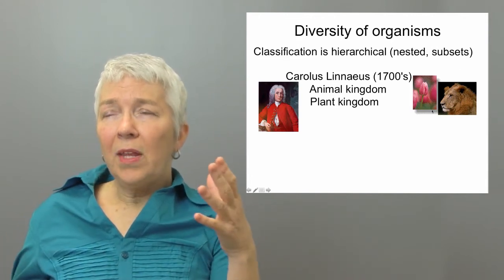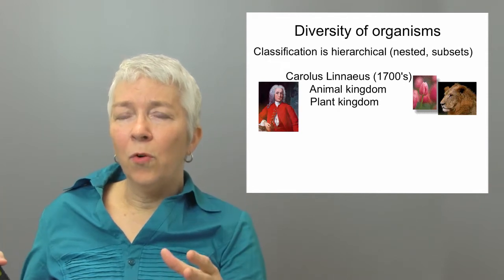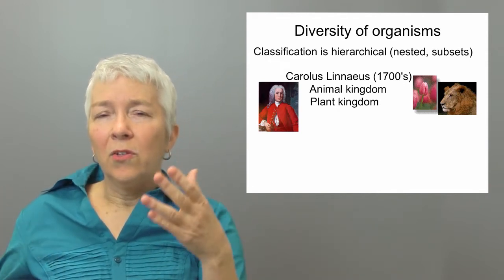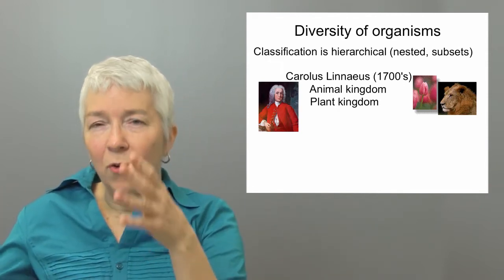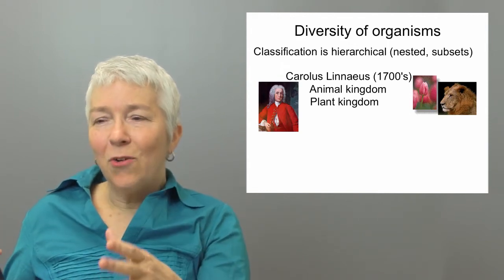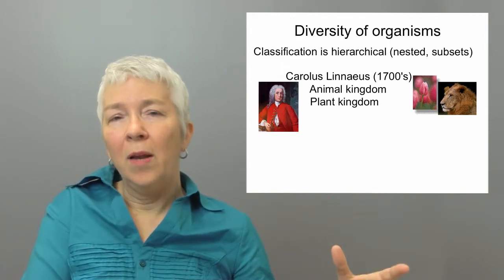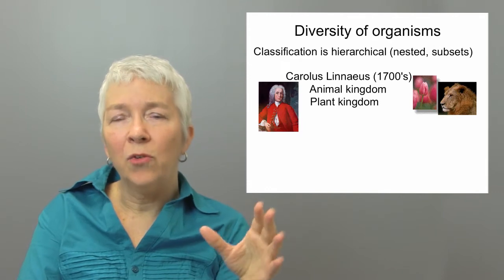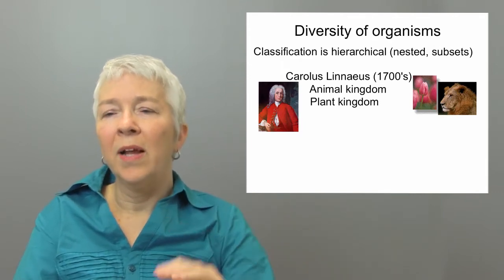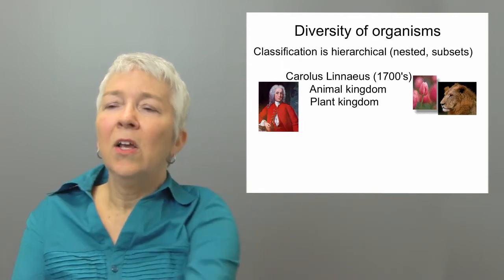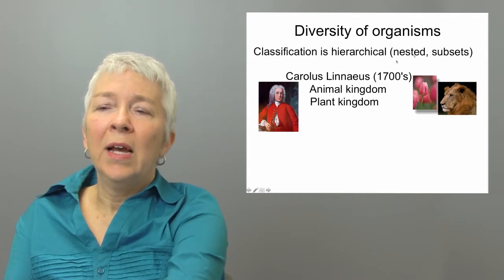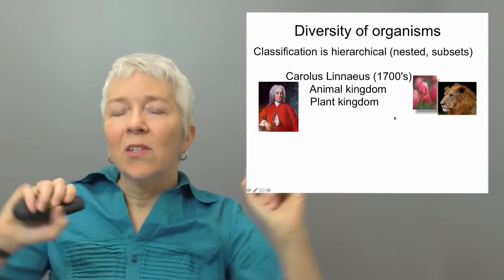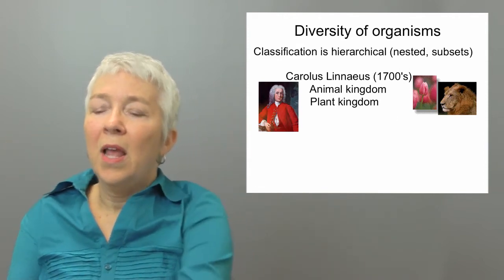And he described many different organisms and described them as being more suited for the so-called plant kingdom or the so-called animal kingdom, meaning that they shared attributes with other animals or other plants that were completely distinct. So these then would be different subsets of all living organisms.